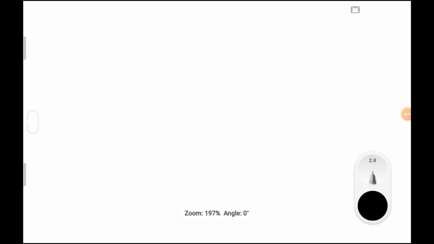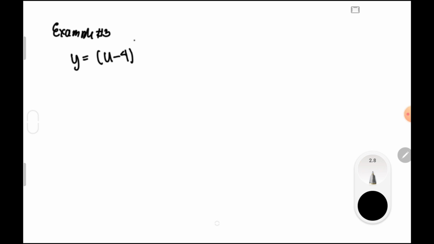Okay, so example number 3, we have y equals u minus 4 raised to 3 halves, and our u is equal to x squared plus 4.